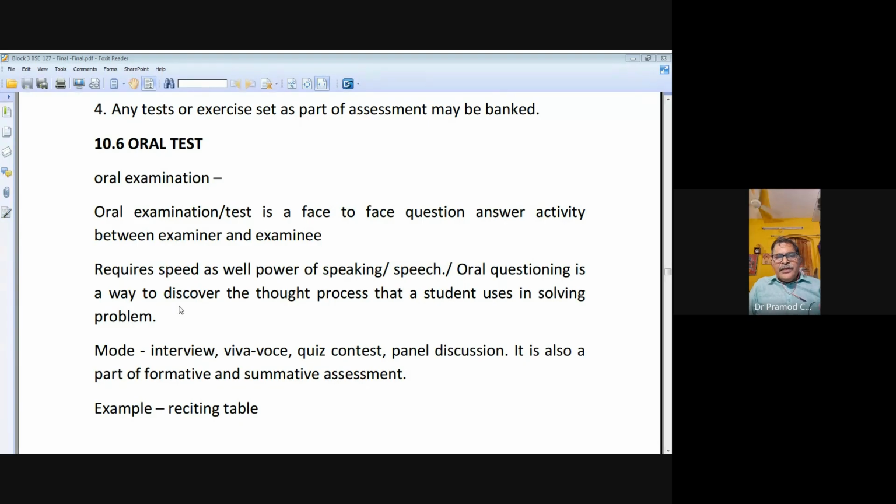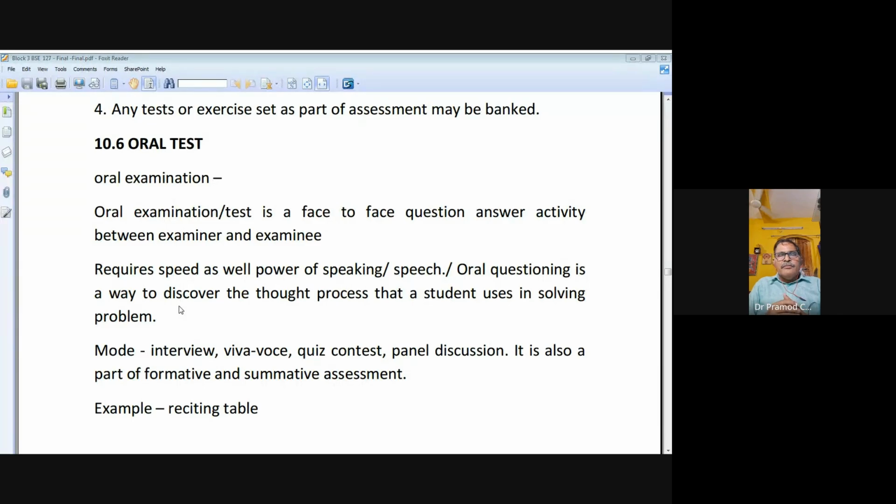Oral examination means sometimes we have to face an examination that will be conducted orally. The examiner is there. There will be a conversation where one expresses his thoughts and feelings perfectly through speech.